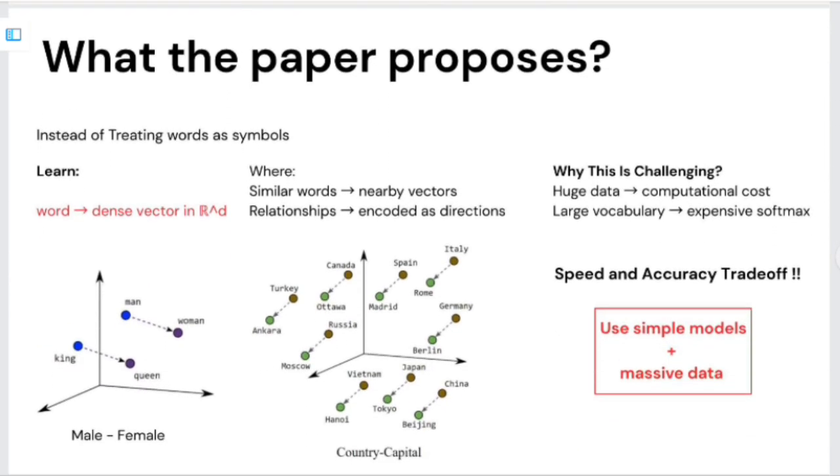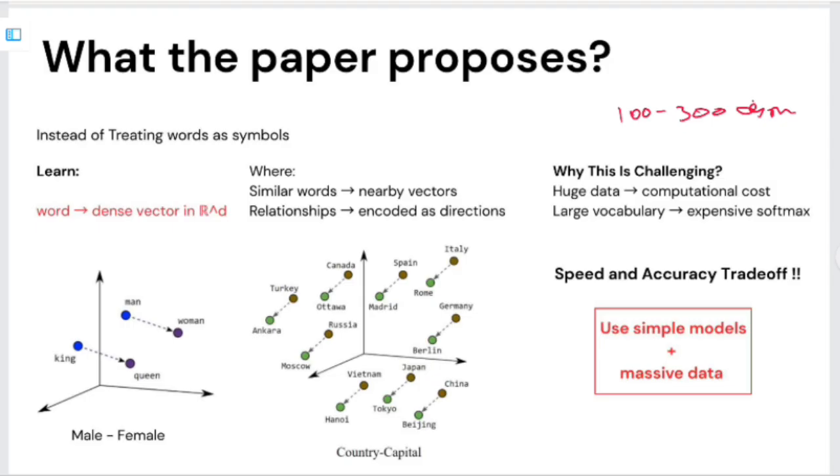That brings us to the goal of the paper, what the paper proposes. This is exactly what the paper strives to solve. The goal is to learn a mapping from each word to a dense vector in continuous space. Instead of huge sparse vectors, we now have compact vectors, say 100 or 300 dimensions, where each dimension captures some latent aspect of meaning.